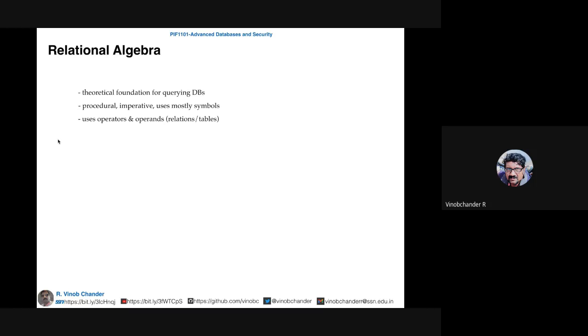Next point is relational algebra makes use of operators that operate on operands. Okay, so in relational algebra, we have certain operators that work on the operands. For example, in mathematics, when you do addition of two numbers, say 3 plus 4 is equal to 7, your 3 and 4 are the operands, and your addition operator, the plus symbol, is your operator.